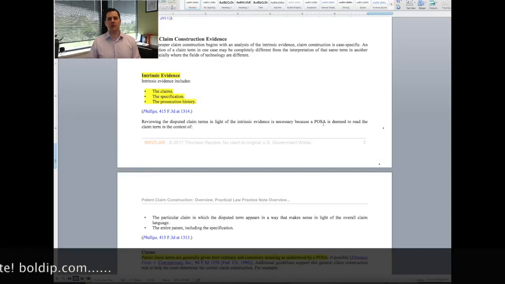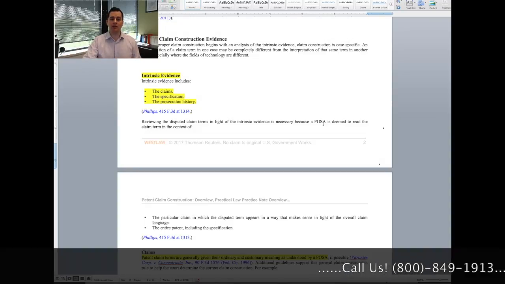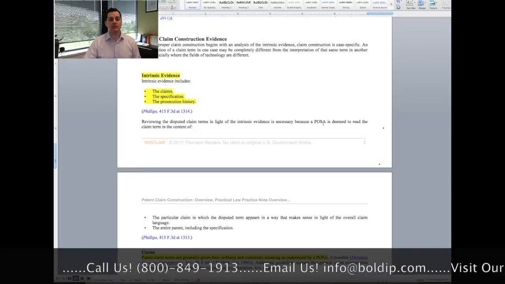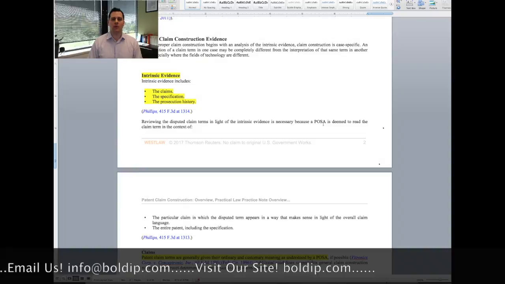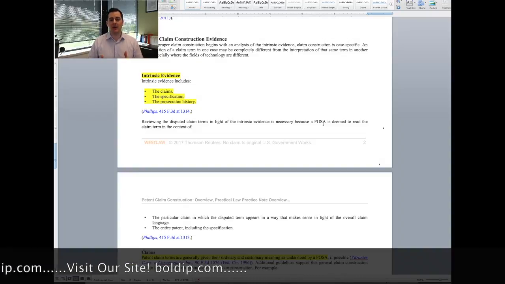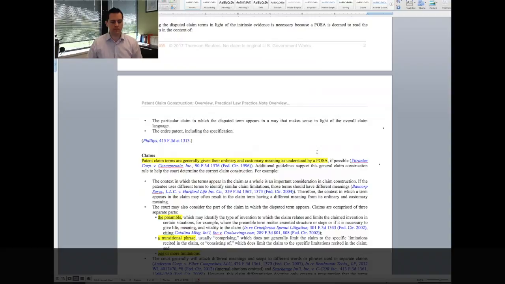Prosecution history is the time when the inventor or the inventor's advocate, an attorney, like Bold IP, would argue or make amendments to the application as it proceeded through the patent office, through the examination. The examiner may find something, have a discussion, do an interview, whatever it is they have to do to get that application through and prosecuted through the USPTO to get to issue. That's the history.